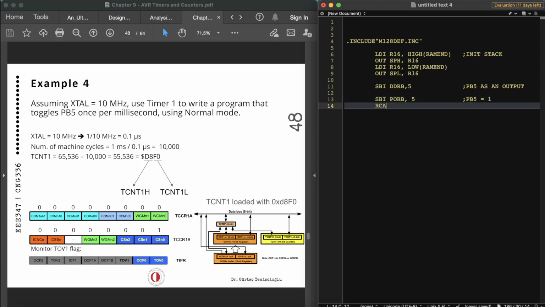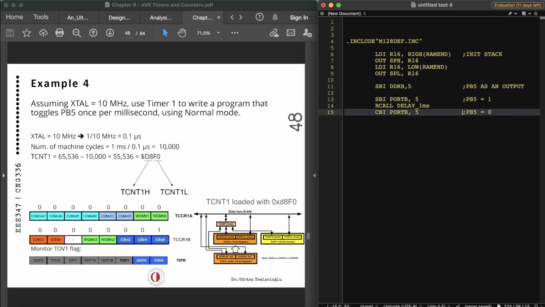And I can call the delay 1 millisecond, which I'm going to implement. And then toggle it. So CBI PORTB, 5, and that will be PB5 0.